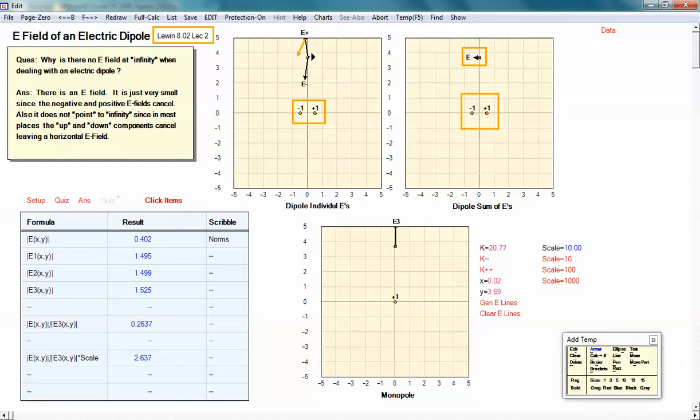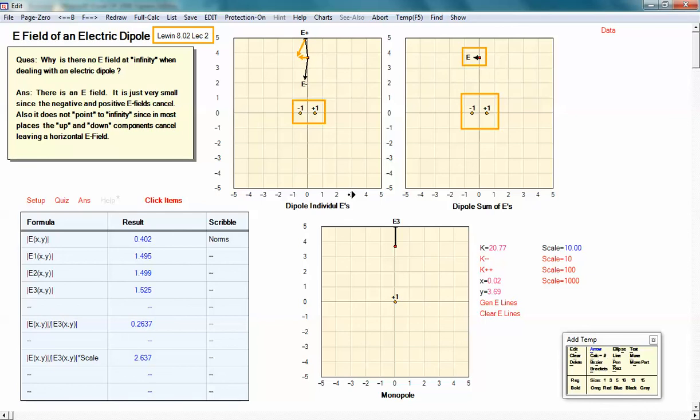The sum of the two would then be a vector starting here and going out to there, which is what we have over on this side. So you get a lot of canceling. A lot of the upness is canceled by the downness, and that's why you end up with a resulting E field pointing in the negative Y direction.